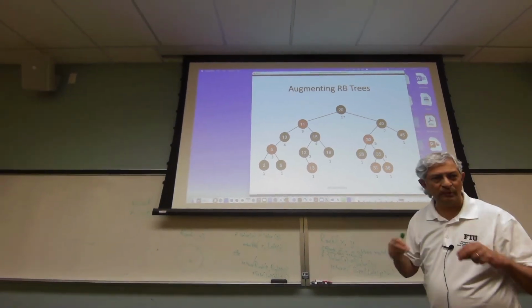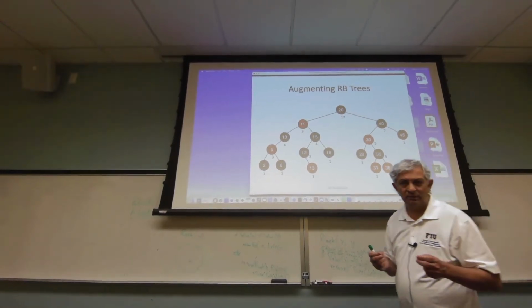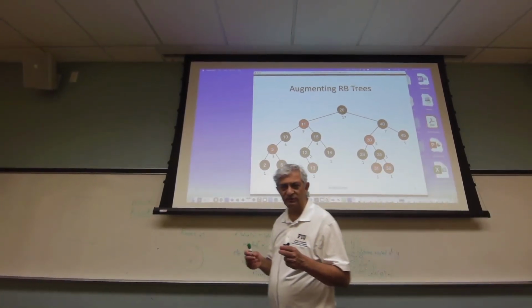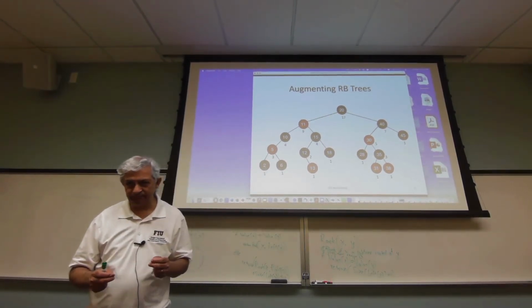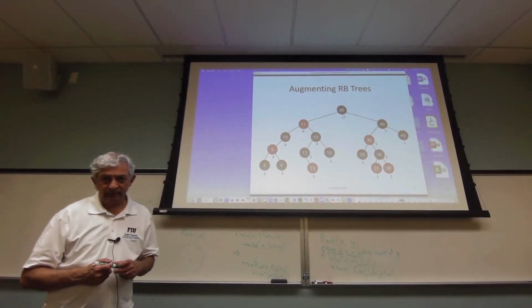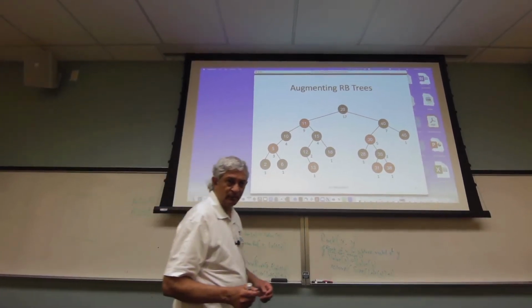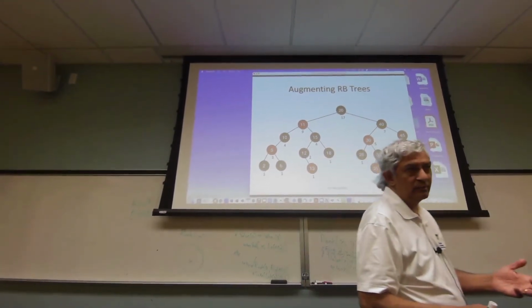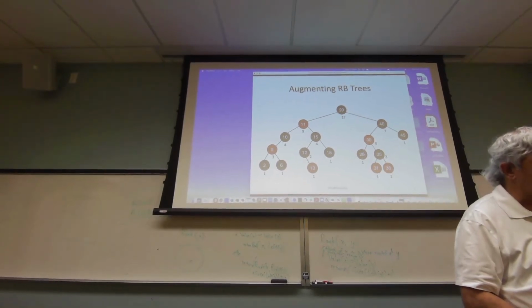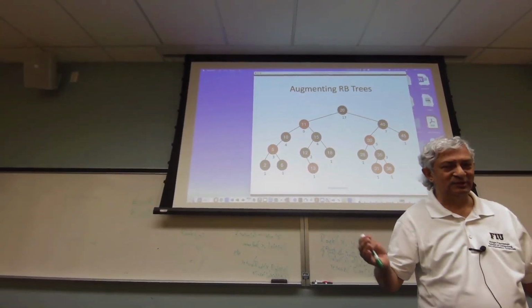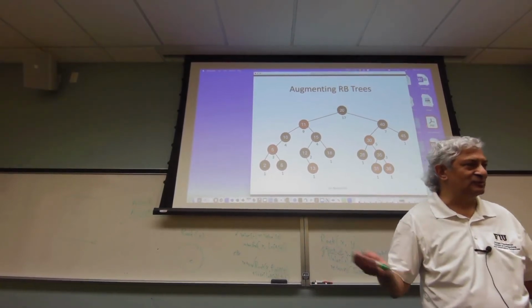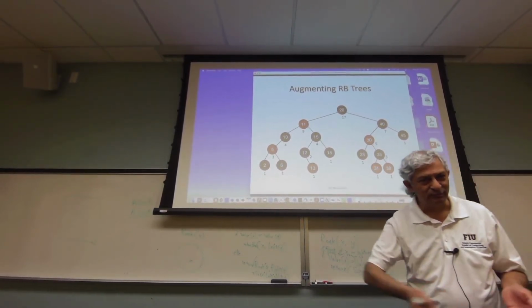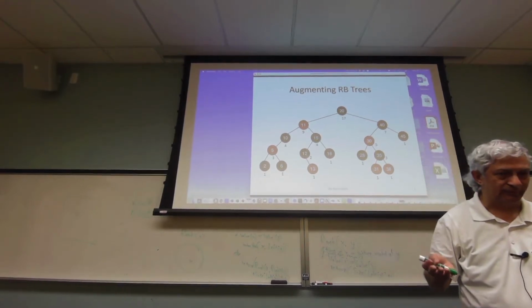But if I want you to list them out, then is the time complexity still going to be log n? Why not? I mean, you're bounded by how many elements there are. That's right. So if the range has a lot of items, if you give the smallest item and the largest item and say, list me all the items between them, you have to list out all the items, and there could be n of them.